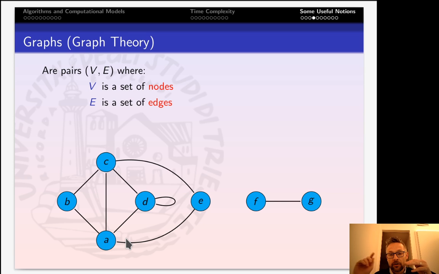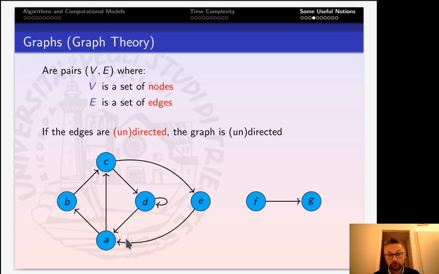I can move from E to A and I can move from A to E exactly in the same way. And there is a different kind of graph, which is the directed graph, in which the edges are arrows. So you can move exclusively from one of the two nodes to the other one.